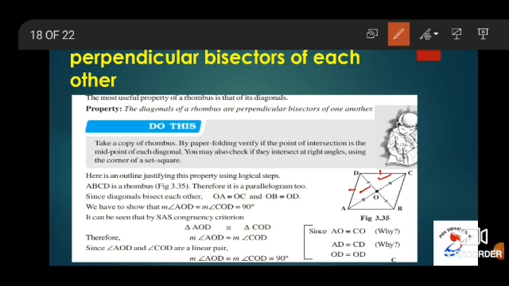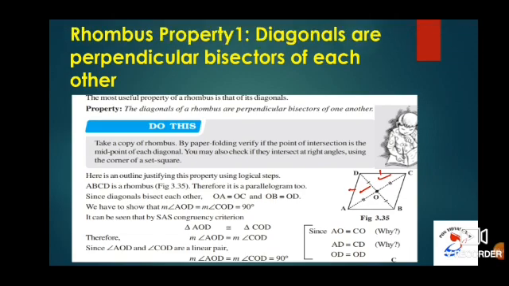So by using SAS congruency, we can prove that triangle AOD and triangle COD are congruent to one another, and in both the triangles angle O will be 90 degrees. Then if two triangles are congruent, by CPCT you can say that the diagonals of a rhombus are perpendicular bisectors of each other. You will study the proof for this in class 9. So for you to understand, you can now just learn that diagonals are perpendicular bisectors of each other.